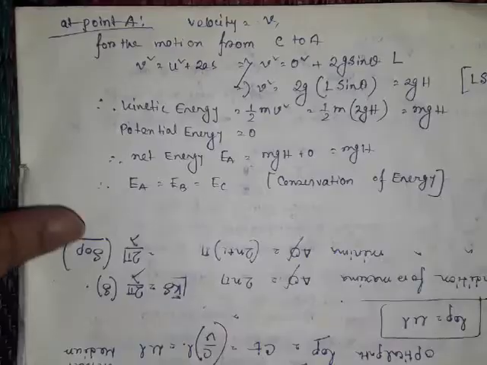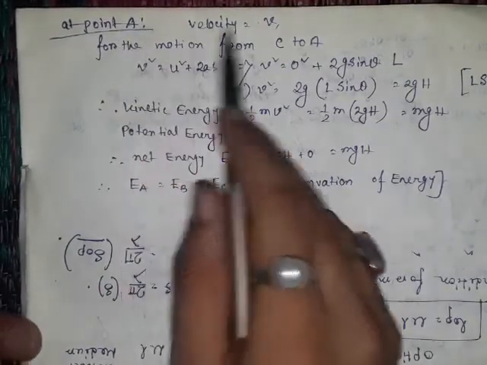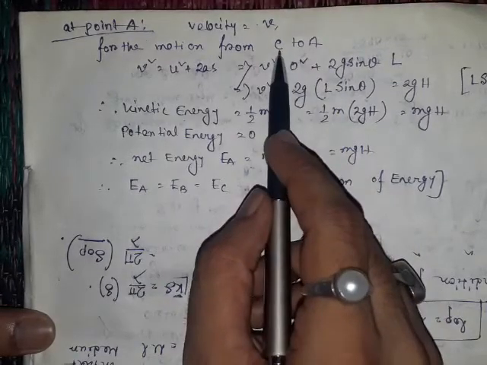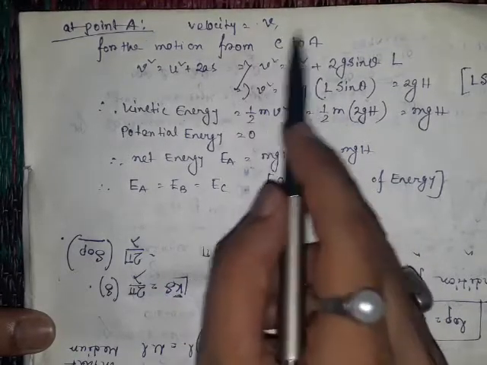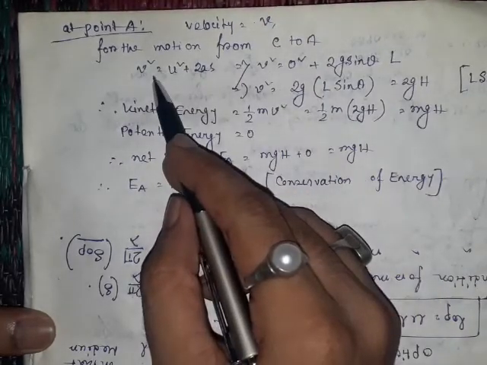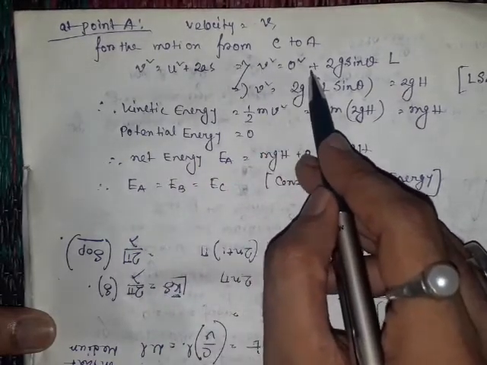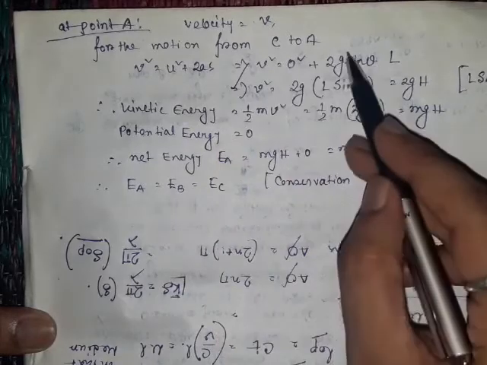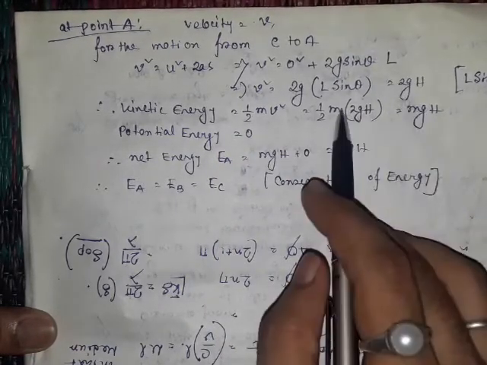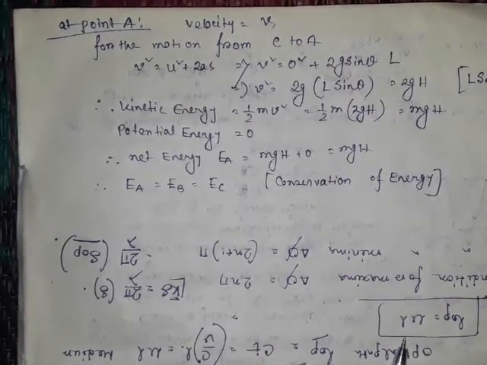Okay, now for the point A, that means at the ground, the velocity is v. So for the motion from C to A, at C the initial velocity was 0, and at A the final velocity is v. If you use the equation v square equals u square plus 2as, you will get v square equals 0 square plus 2 times acceleration g sin theta into capital L. L is the total displacement from C to A, that is the total length of your inclined plane.